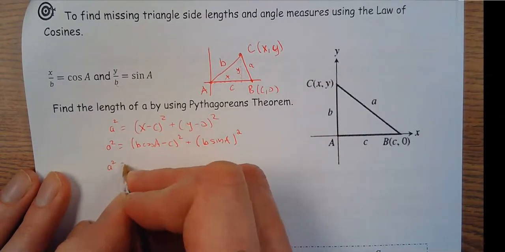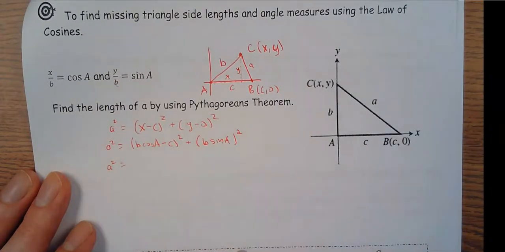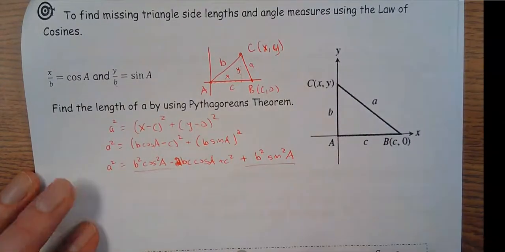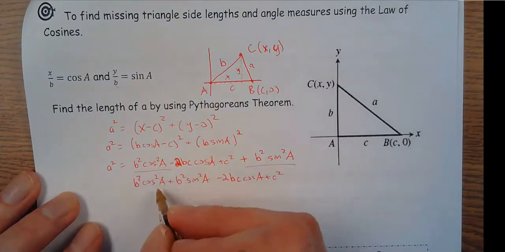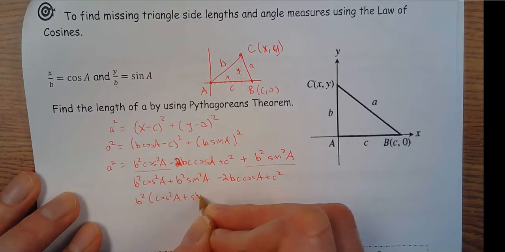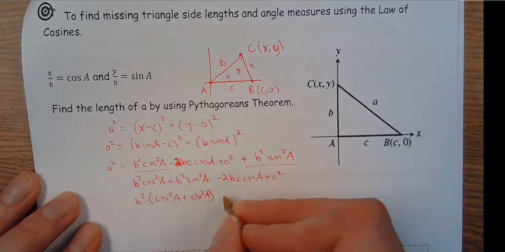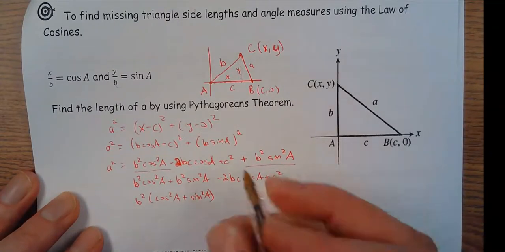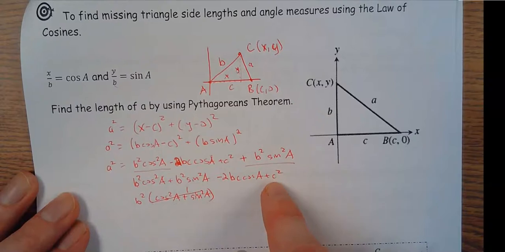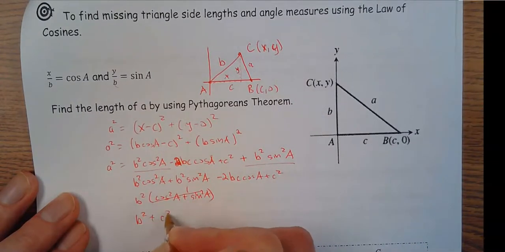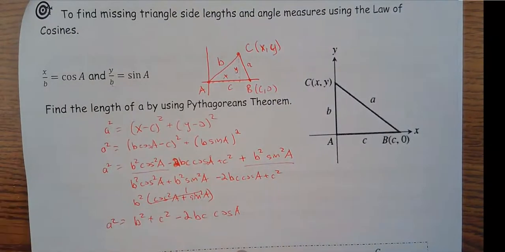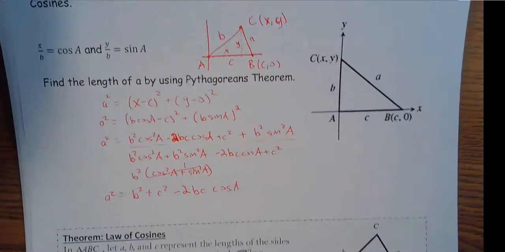Now I actually square these out, so I FOIL this out. I put the squared terms together and factor out a b squared, giving cosine squared A plus sine squared A, which is 1. Rearranging, I get b squared plus c squared minus 2bc cosine A, and that equals a squared. That's the first law of cosines.